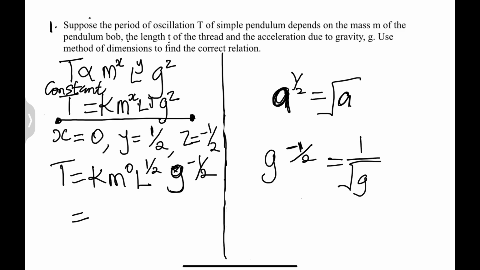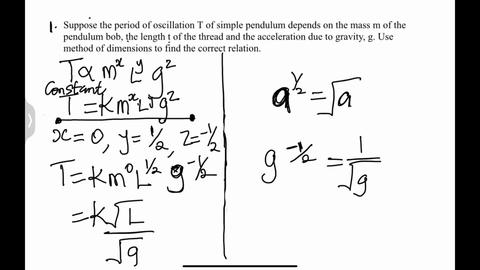What I'm going to do here now is, m raised to power 0 is 1, so it will disappear. So we'll not have m again. For l raised to power half, it will cause a square root like this. Good. Then for g raised to power minus half, you have g to be under.